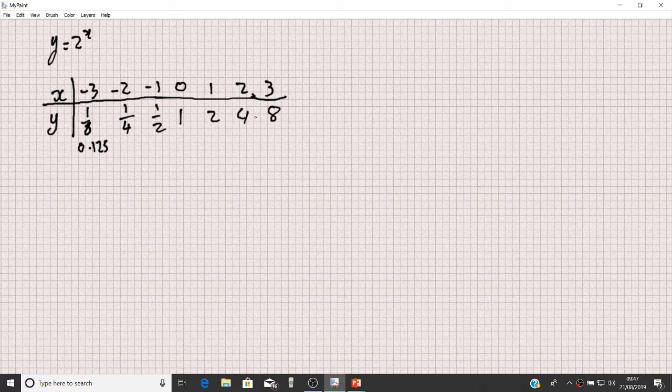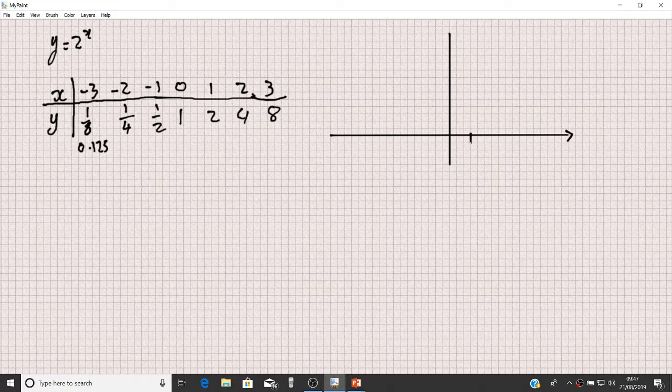So in sketching this, this will give us the idea of the shape of the curve. Let me do my y-axis first, and my x-axis. I need to show -3 all the way across to +3 and beyond.